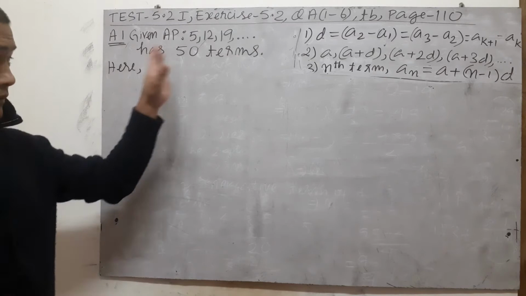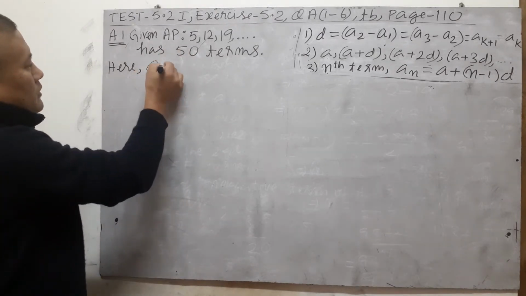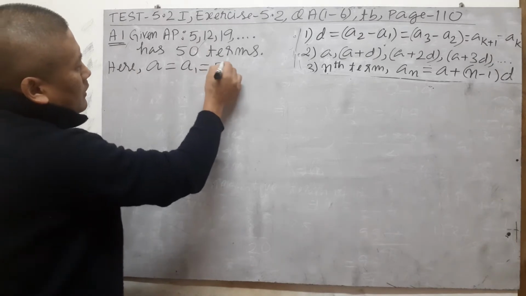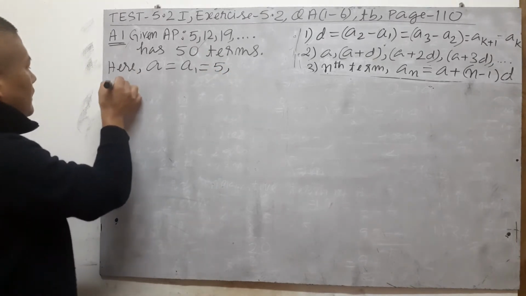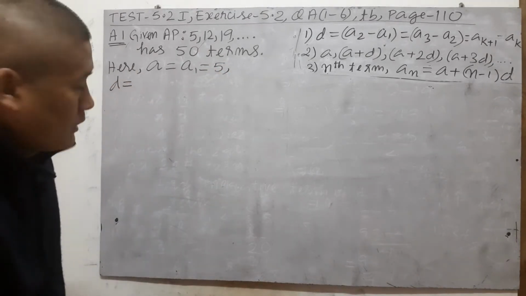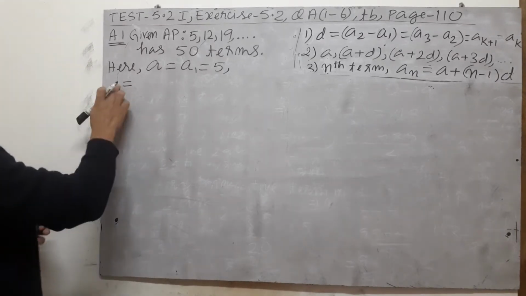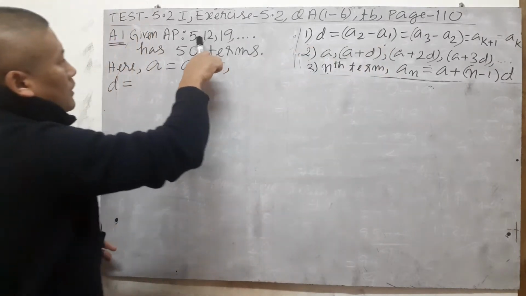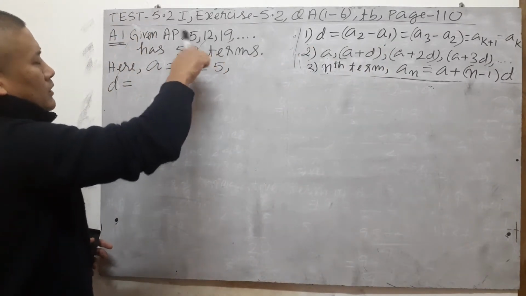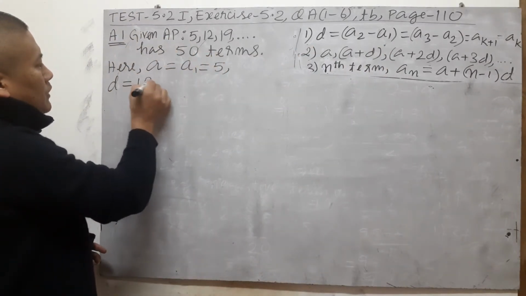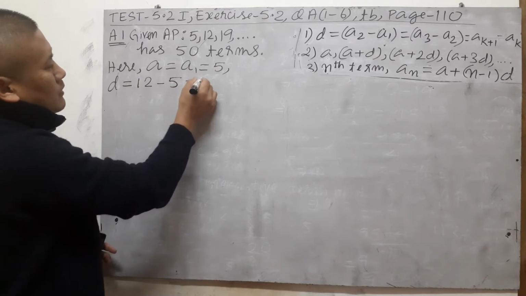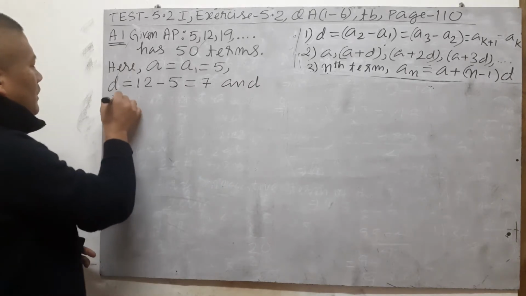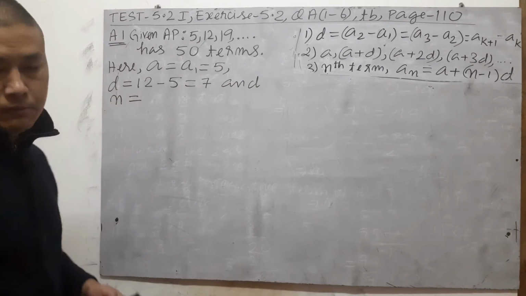from this given information we can collect the first term A or A1, which is 5, and the common difference D. We can use the formula A2 minus A1, 12 minus 5, which is plus 7, and one more piece of information is given, n denotes the total number of terms.